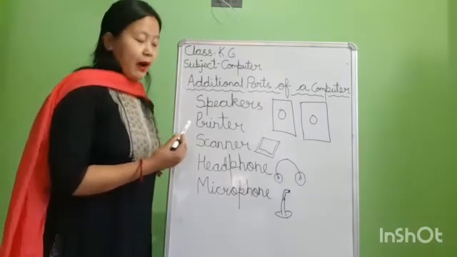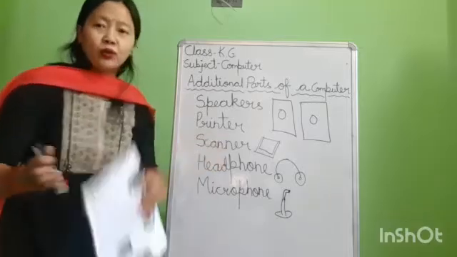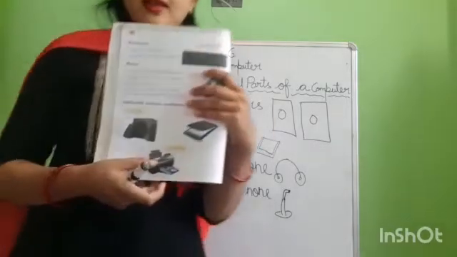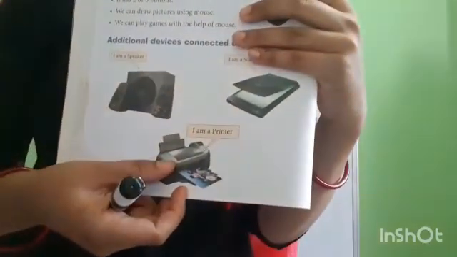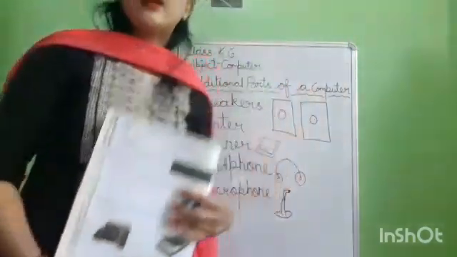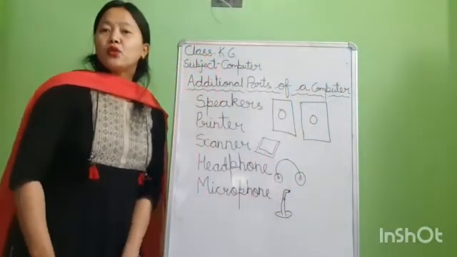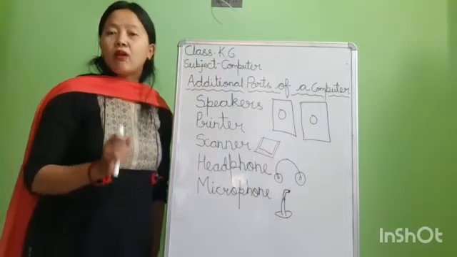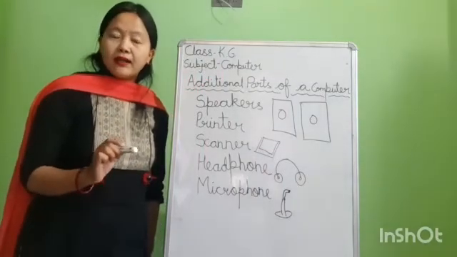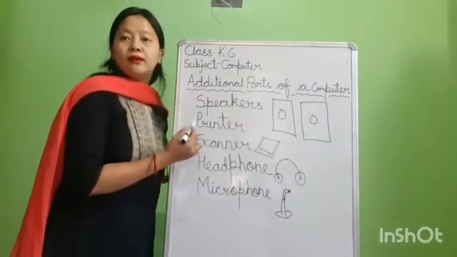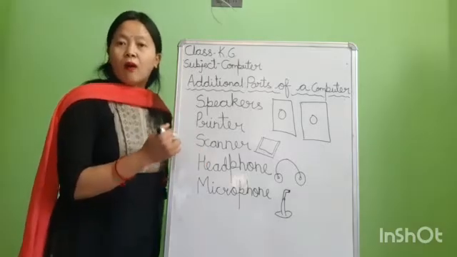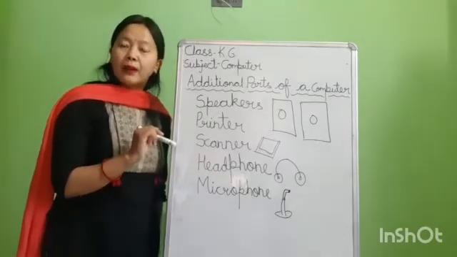Children, the next additional part of the computer is printer. I showed you the picture of a printer, children. This is a printer. Children, a printer is used to print the text or picture on paper.